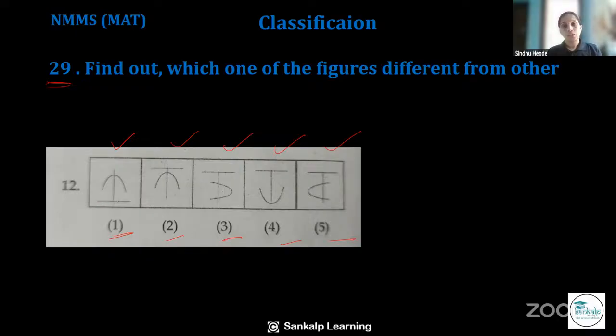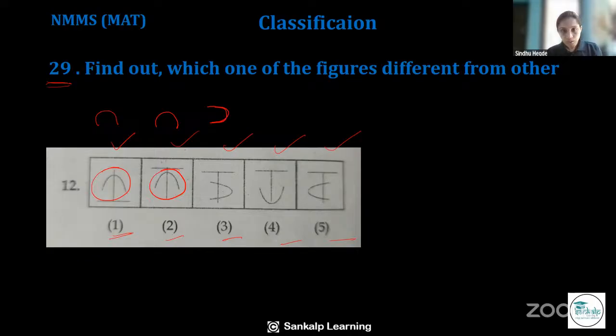So we can differentiate these figures on the basis of that curve, the direction that the curve faces. See here, this is downward. And this one also faces downward. And here it faces the left.